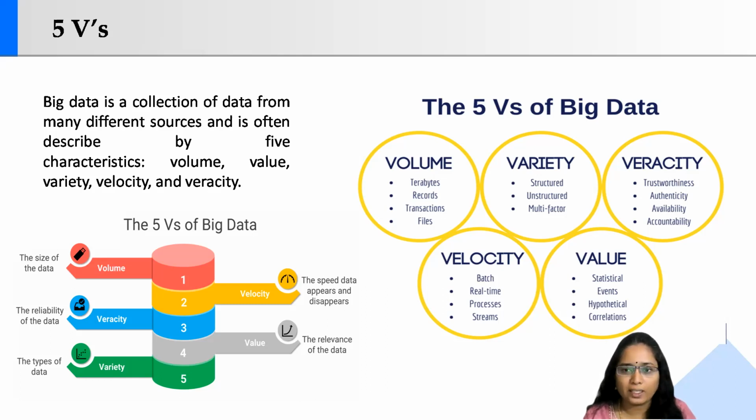Veracity is the reliability of the data, like trustworthiness, authenticity, availability, and accountability. Velocity is talking about streaming, real-time processing and batch processing. And the final one is value, the relevance of data in the form of statistics, events, hypotheticals, and correlations.